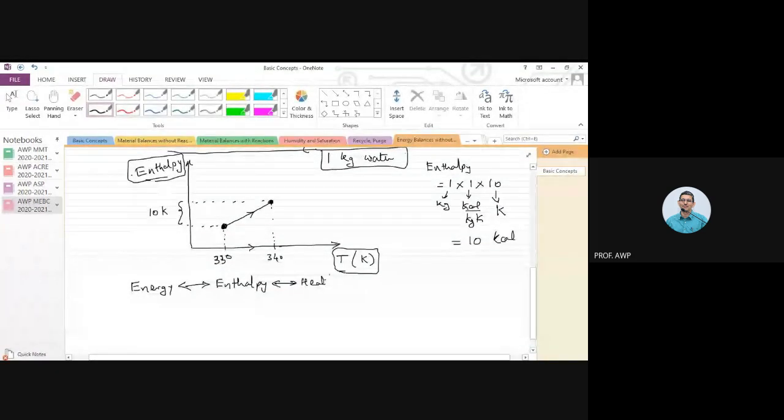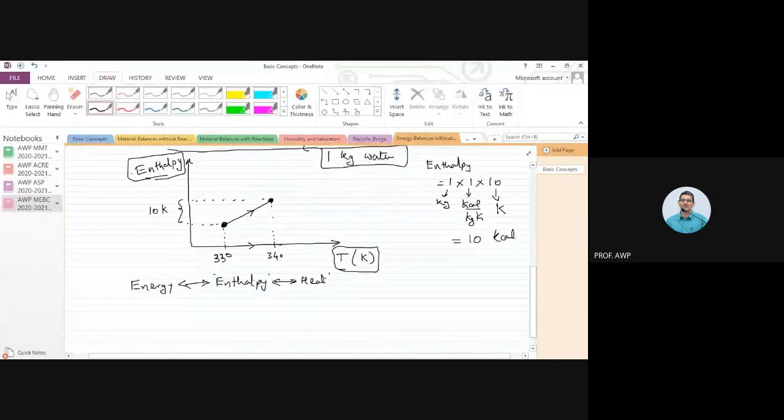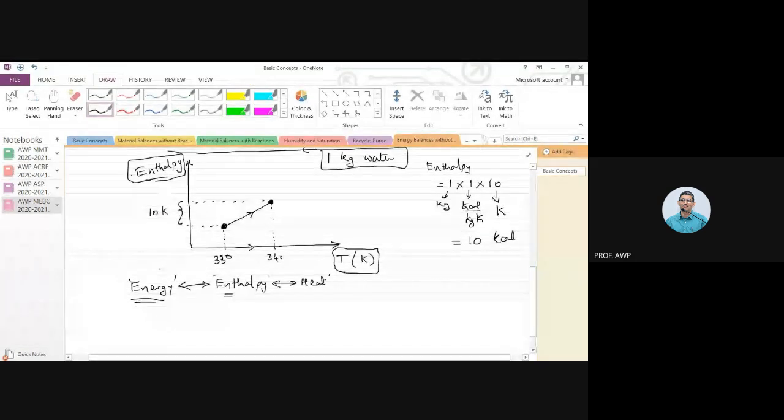Energy could have one form being enthalpy. You could have kinetic energy, potential energy, enthalpy being one form of energy, and internal energy in the form of rotation, vibration, or translation of the molecule. So energy is a broader term.